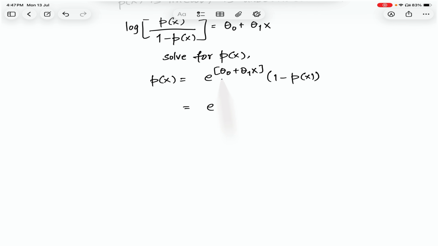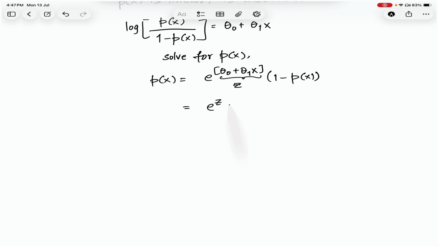I'll just call this term z, and you'll have 1 minus p. So p is equal to e^z minus e^z p. P plus e^z p is e^z. P times 1 plus e^z is e^z, which implies p of x is exponential z over 1 plus exponential z.